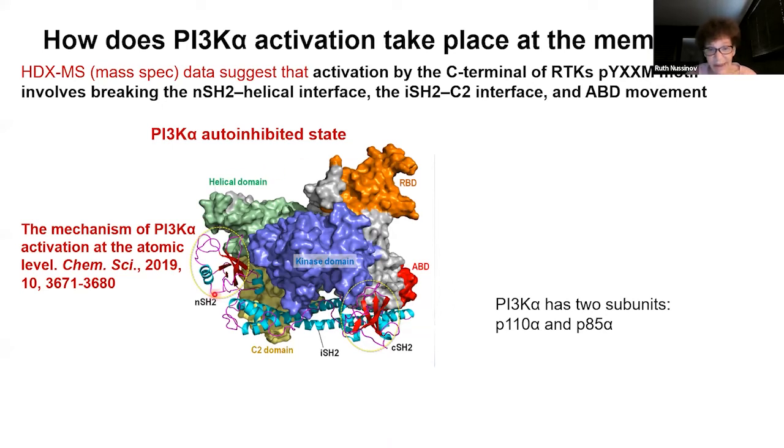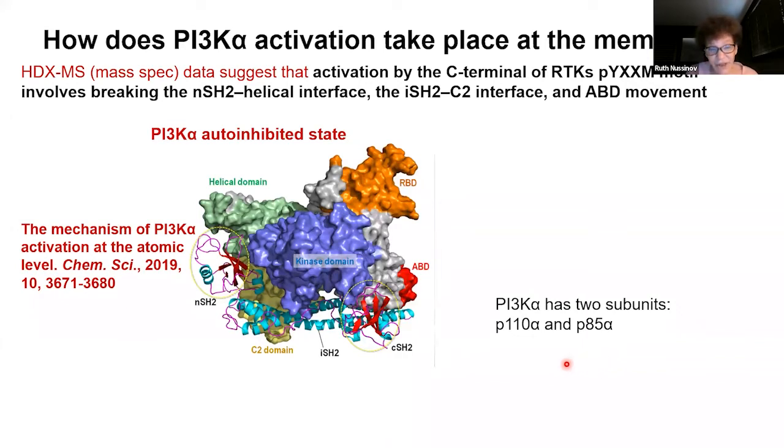Here is the crystal structure of the PI3K, and it has two subunits. Here is the PI3K alpha isoform, so it has the p110 alpha, which includes the kinase domain, and the p85, which is the regulatory subunit, and it's often called the inhibitory subunit.